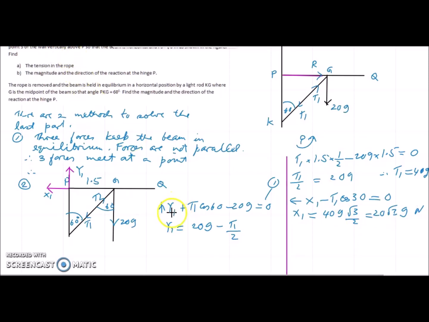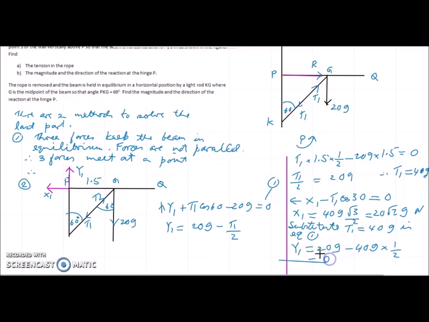Now to find y1, we substitute T1 equals 40g in equation 1. Then we get y1 equals 20g minus T1 cos 60. T1 is 40g, and 40g cos 60 is 40g over 2, which is 20g.